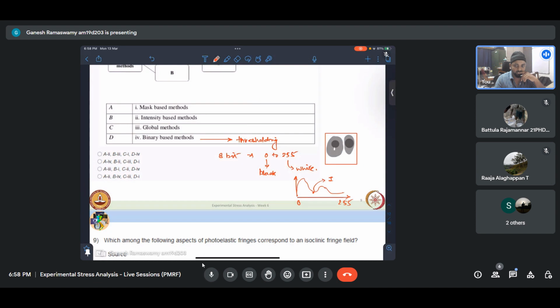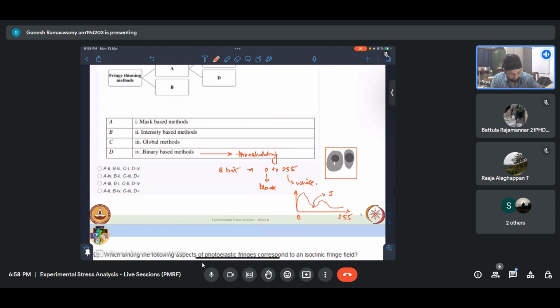Even in fringe skeletonization this has been used, but it was found that it is more effective to go with intensity based methods rather than binary based methods. Naturally, binary based methods were a natural extension of the same method being applied to other problems. That is why this was adopted for fringe skeletonization also. After which it was found that image intensity based checking provides a more robust way to get our skeletonization.